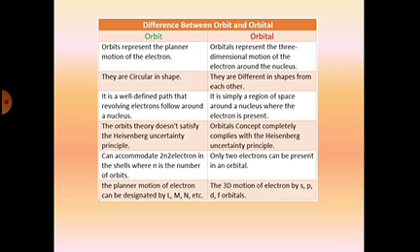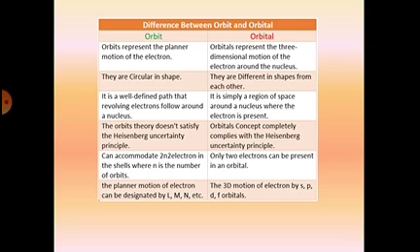Whereas orbits are circular in shape, orbitals are different in shapes from each other. As I said, s orbital is spherical in shape, p orbital is dumbbell in shape. So orbitals are different in shape.